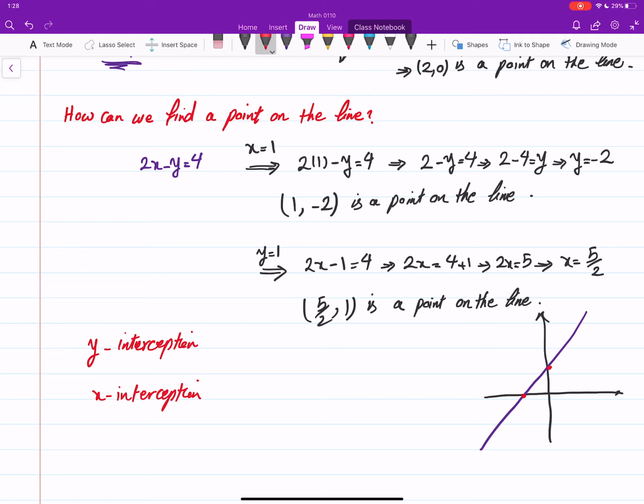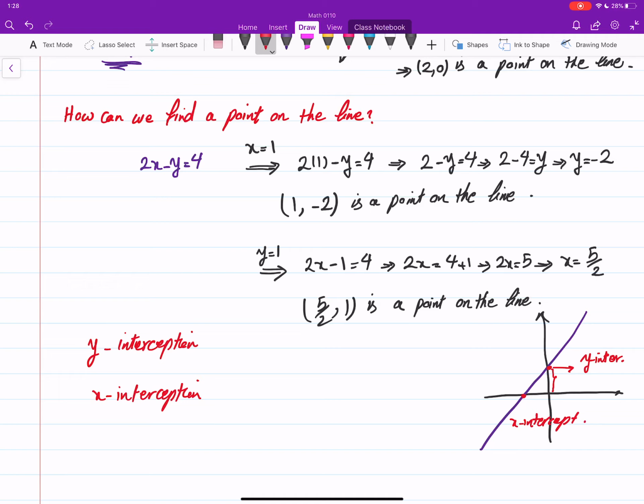The point at which the line intersects the y-axis is the y-intercept, and the value of x at which the line intersects the x-axis is called the x-intercept.